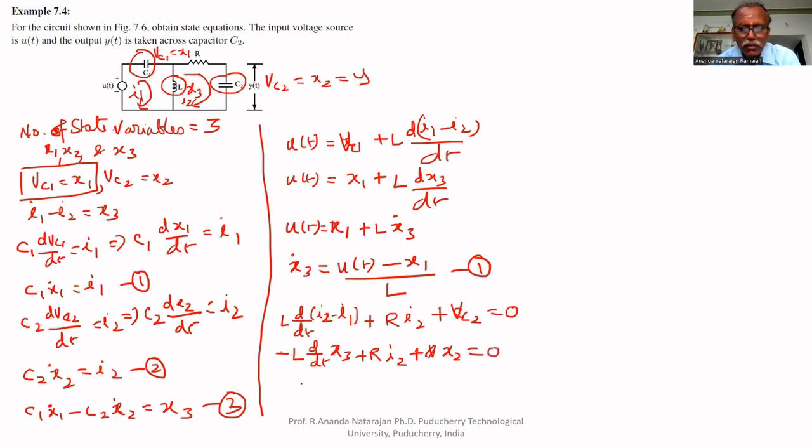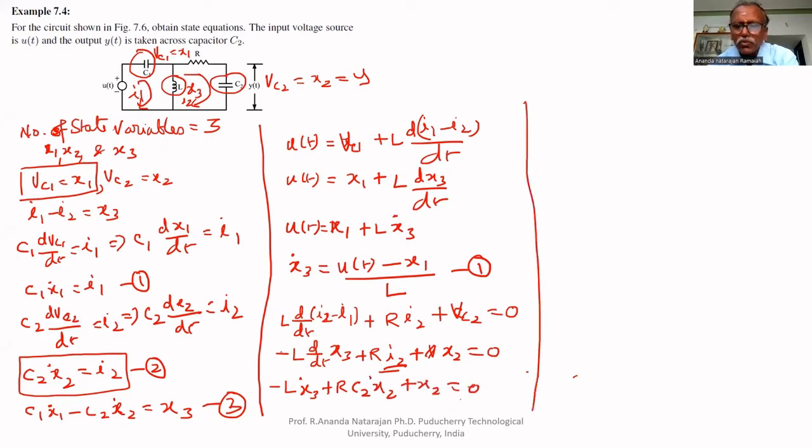Therefore, now we can substitute for I2. I2 equal to C2 x2 dot, second equation. So if you substitute, L x3 dot plus R x2 equal to, what? R C2 x2 dot plus x2 equal to 0. Therefore, we can find the equation for x2 dot. R C2 x2 dot equal to L x3 dot minus x2.